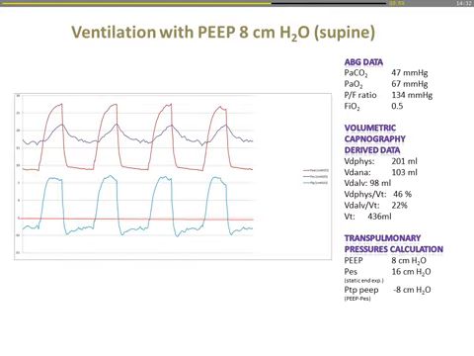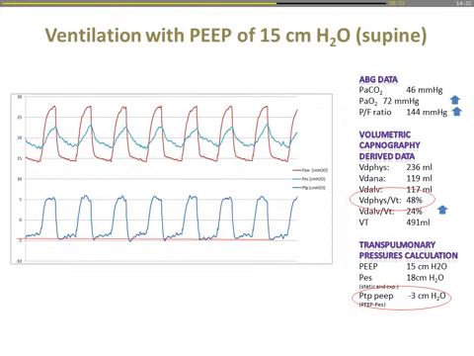So this is with a PEEP of 8 in supine position. And as you can see, the transpulmonary end-expiratory pressure is -8. PaO2 is 67, and as you can see, VT is 436, and there is a quite remarkable dead space ratio.